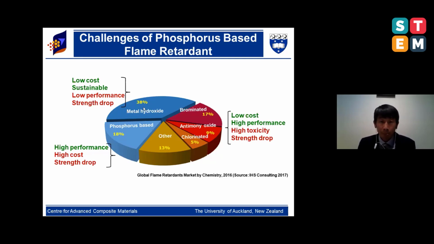However, to achieve acceptable flame retardancy, for example V0 grade in the vertical burning test, it needs about 50% addition. And at that point, the strength drops by about 50%. So we studied the phosphorus-based flame retardant.